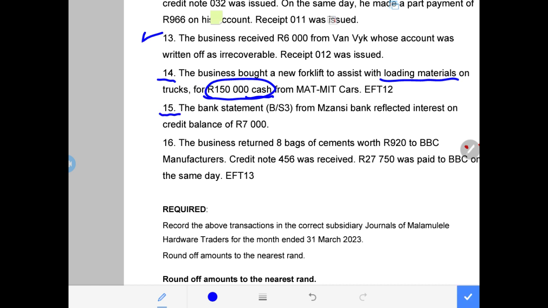One before the last. The bank statement from Mzansi Bank reflected interest on the credit balance. Remember, interest on the credit balance means a favorable balance, meaning we have money in the bank. So this interest becomes income.